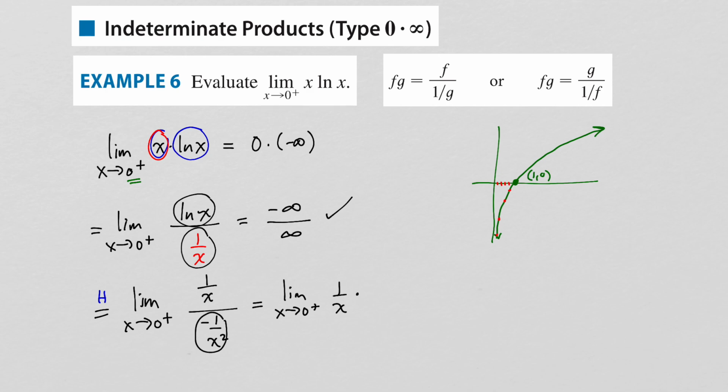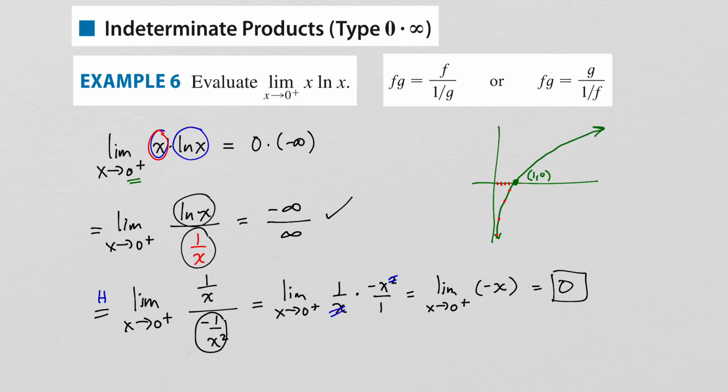So dividing by negative 1 over x squared is the same as multiplying by negative x squared over 1. And when we cancel the x there, we end up getting the limit as x goes to 0 of negative x, right? Because this x here cancels out one of those. And this limit, of course, is just 0.